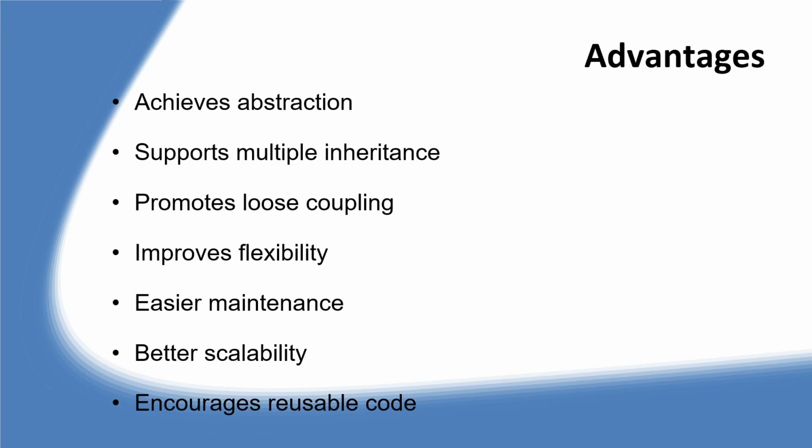What are the advantages of an interface? Why are we using an interface? We are using an interface to achieve abstraction. What is the definition of abstraction? Only showing essential details and hiding complexity. How are we doing that?